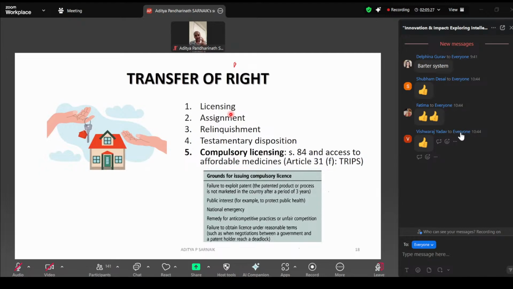On the contrary, assignment is most of the time to the fullest. So suppose I'm assigning my patent to somebody else, then the assignee can file the infringement suit and get the benefit out of it. Now I am at Arizona State University.